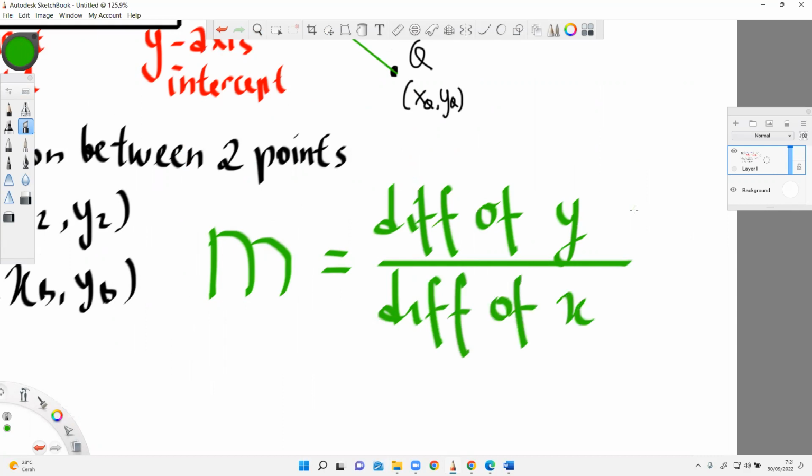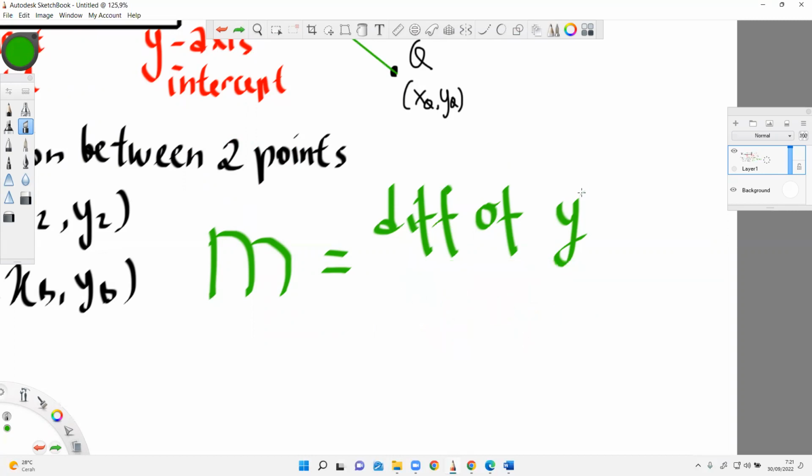Why did I ask you not to write it first? Because I want to simplify this. The difference of y over the difference of x. y over x, not x over y. Be careful. As always, y over x. The gradient formula, by agreement, is the vertical distance over the horizontal distance.